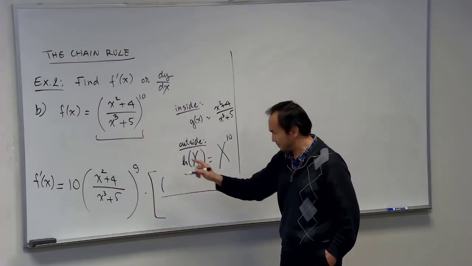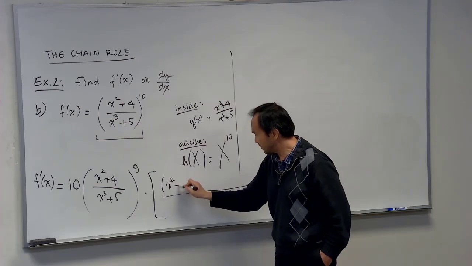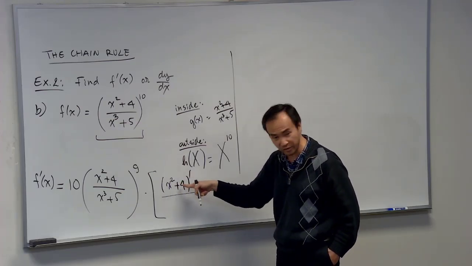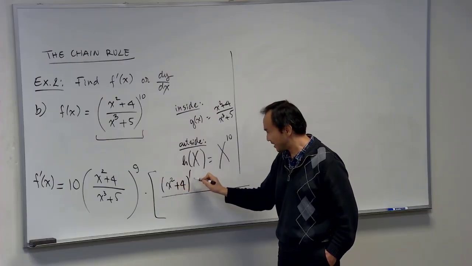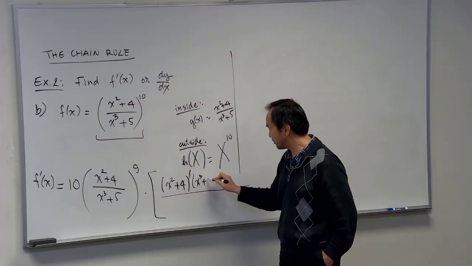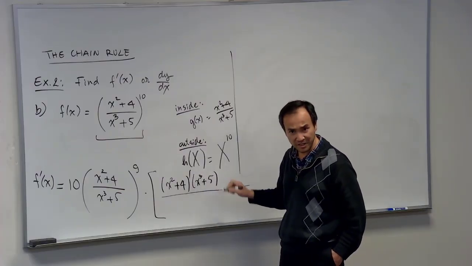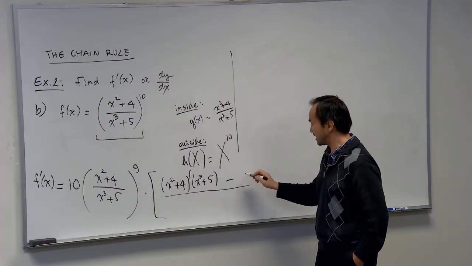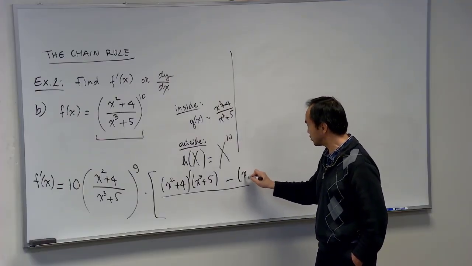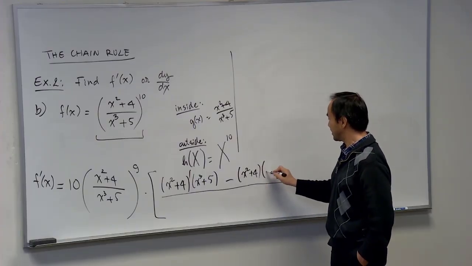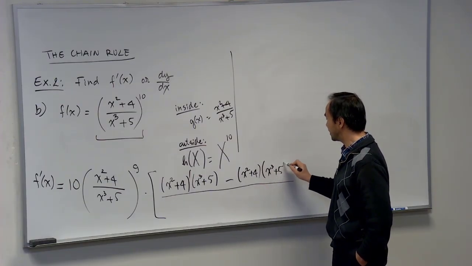So x squared plus 4. You might write down that we are about to take the derivative of that, and then multiply that derivative with x cubed plus 5, no prime. Then we subtract, according to the quotient rule. I keep the numerator x squared plus 4, now without the prime, and then take the derivative of the denominator.